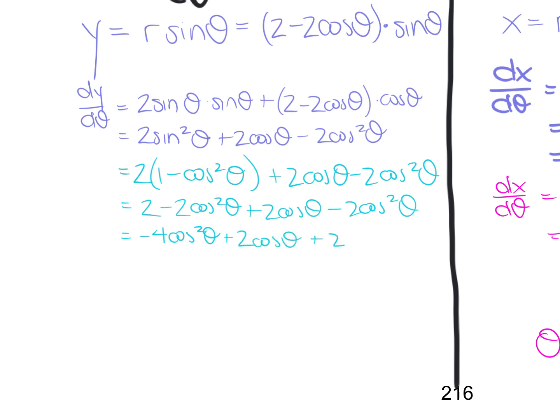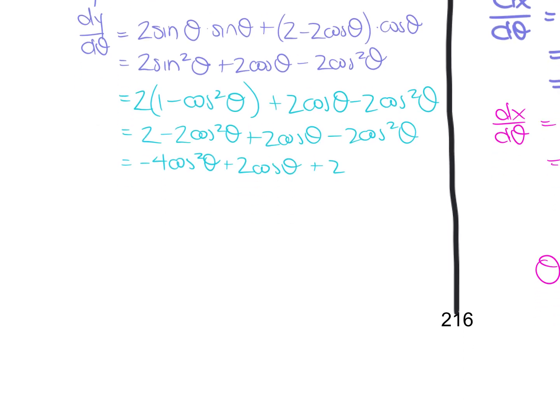Where do I go from here? Before I do that, move the 2. This is equal to 0. I'm going to set my dy d theta equal to 0. What can I pull out as a greatest common factor that would help me? And specifically a negative 2 would be pretty helpful, yeah? So if I pull out a negative 2, that's going to leave me 2 cosine squared minus cosine minus 1.